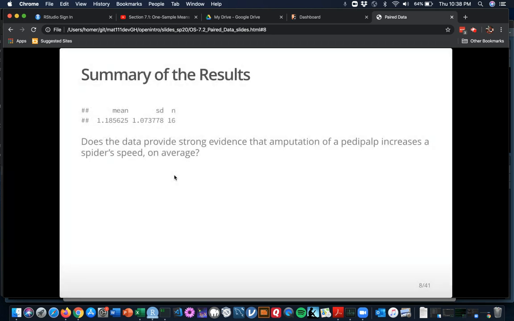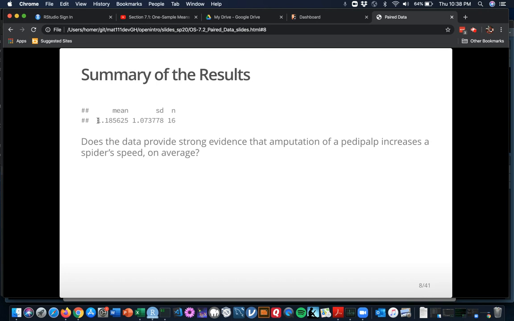So let's say that after they took the measurements and they computed the differences, let's say they took the average of the differences, the little sample mean of the differences here, the 16 differences out of all the differences that could have existed if they could have somehow gotten all Tadarian spiders in the world into their study.